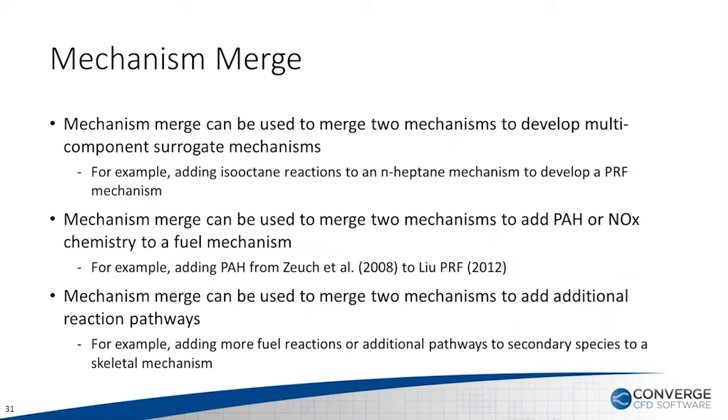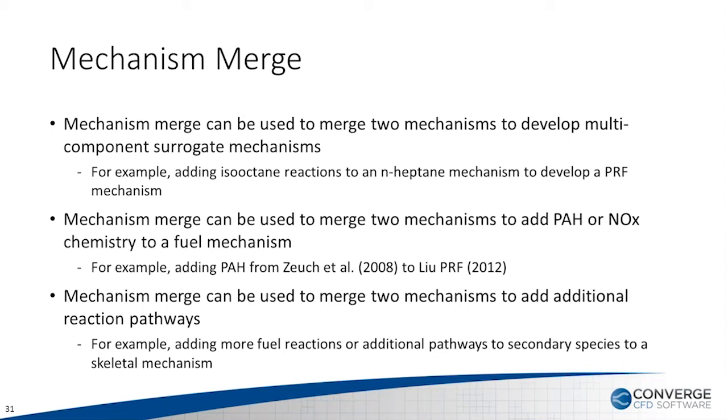The last topic I'm trying to cover here is mechanism merge. Mechanism merge can be easy, it can be tedious. It really depends on what the scenarios are. So there are typically 3 scenarios I can think of where you should use mechanism merge tools. First, I have 2 mechanisms, and I'm trying to develop a multi-component surrogate mechanism.